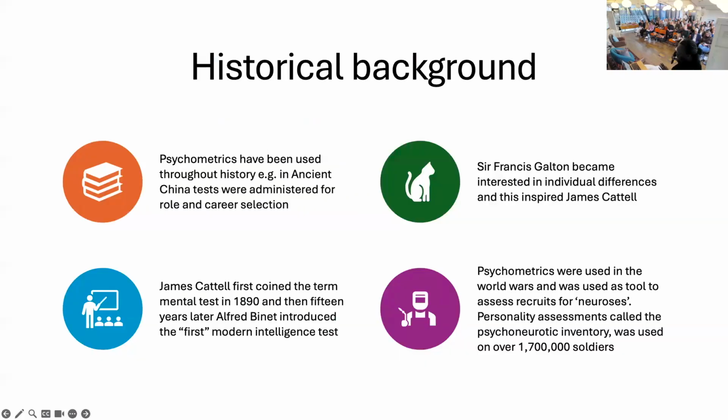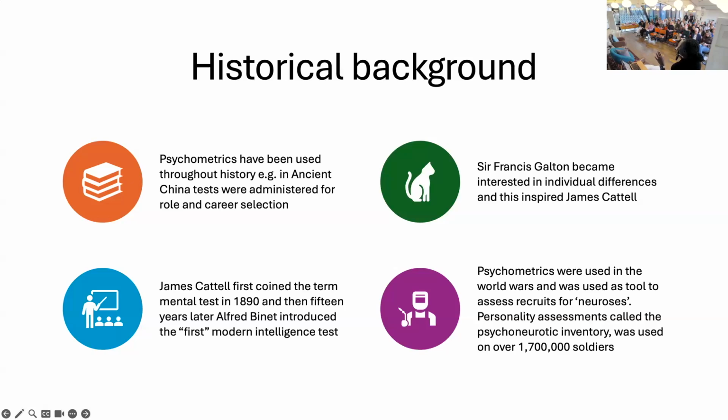So, historical background. We all know that psychometrics didn't just come from the sky. Someone developed the use, but they've been around for centuries. People usually think of Francis Galton, Cattell, etc., as the originators of the term, really. But ancient civilizations have been using forms of psychometrics for hundreds of years.